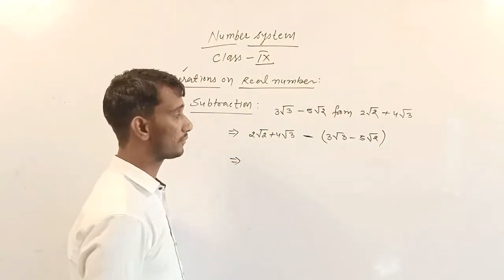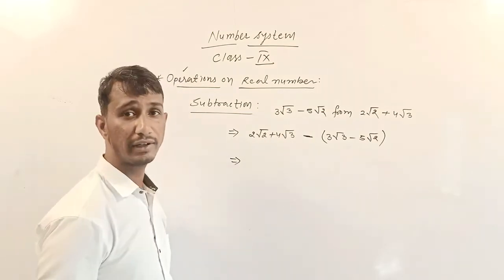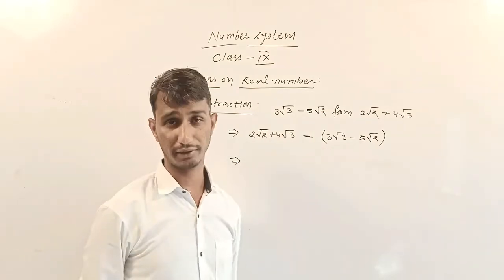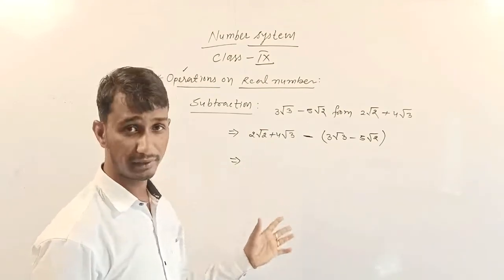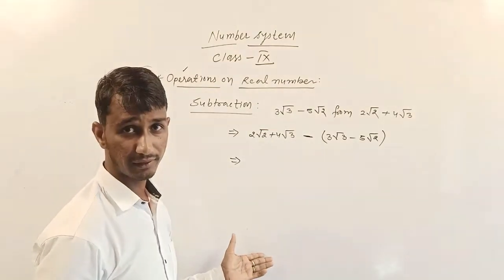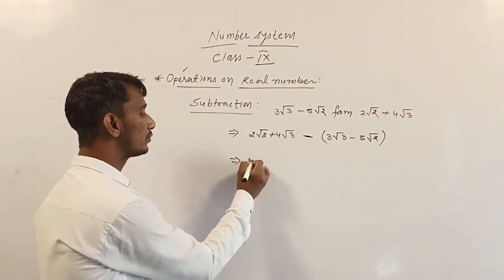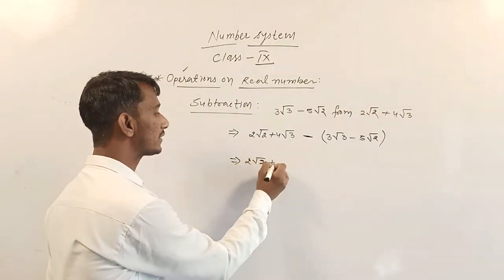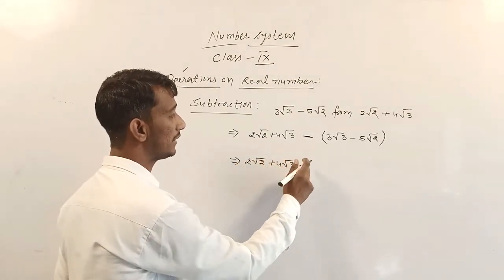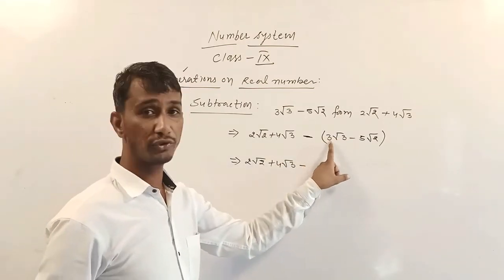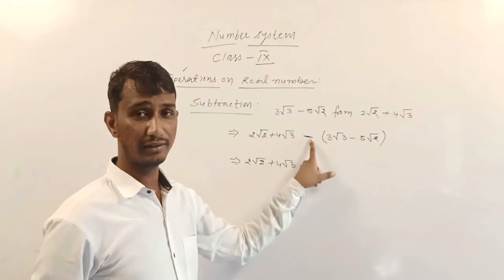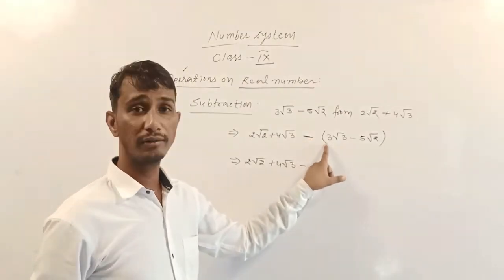Now our first work is how to open the bracket. According to the board master, first we open the bracket. So 2 root 2 plus 4 root 3 minus, change the sign, because 3 root 3 has a positive sign and here is a negative sign, and the bracket should multiply.